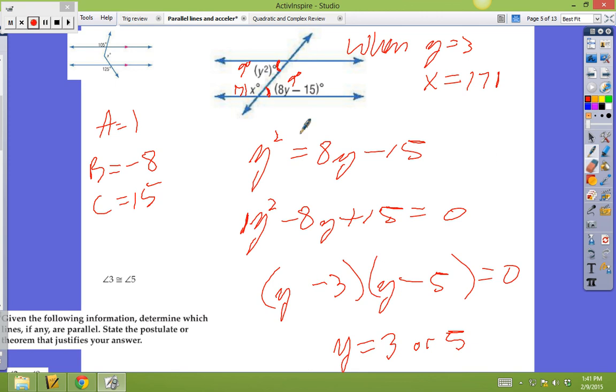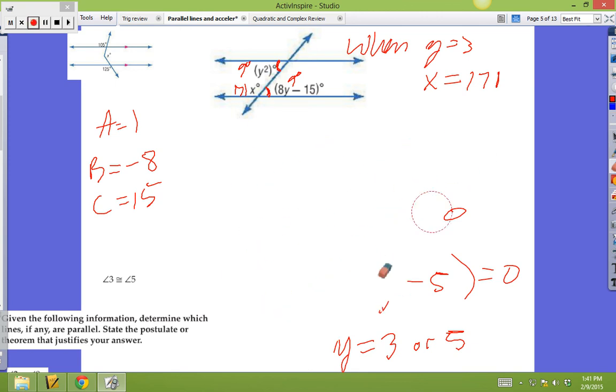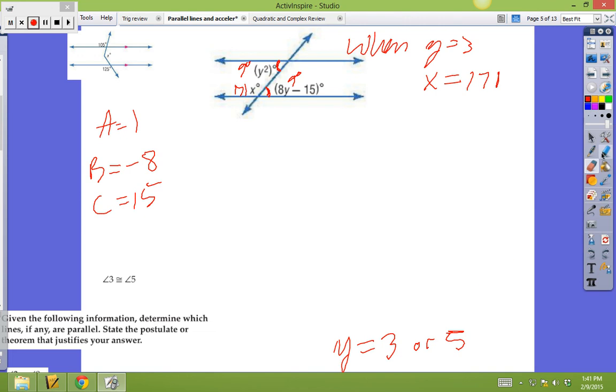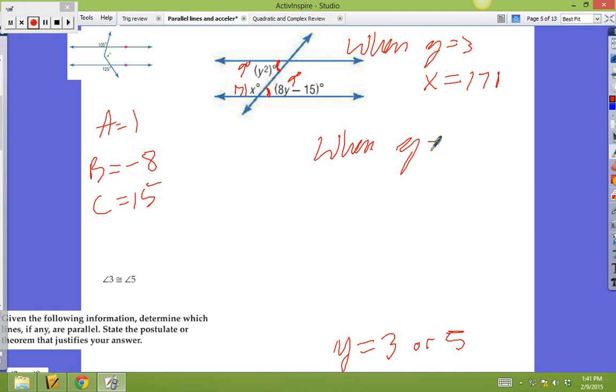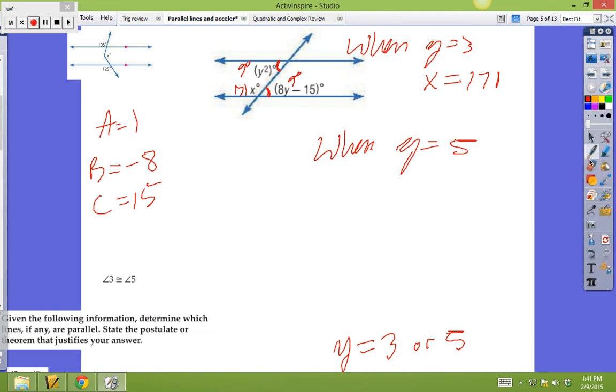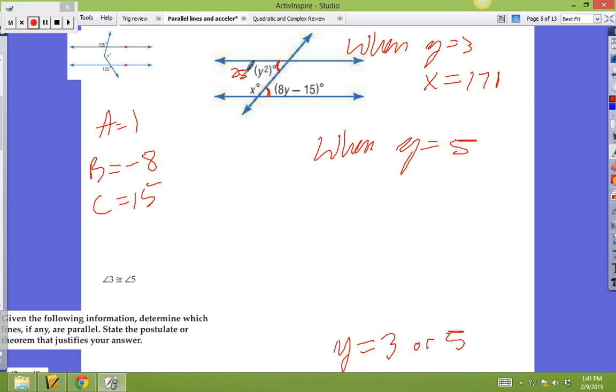But now we're going to let y be 5. So when y is equal to 5, now the numbers are going to change a little bit. If it's equal to 5, then you square it. This is going to be 25.